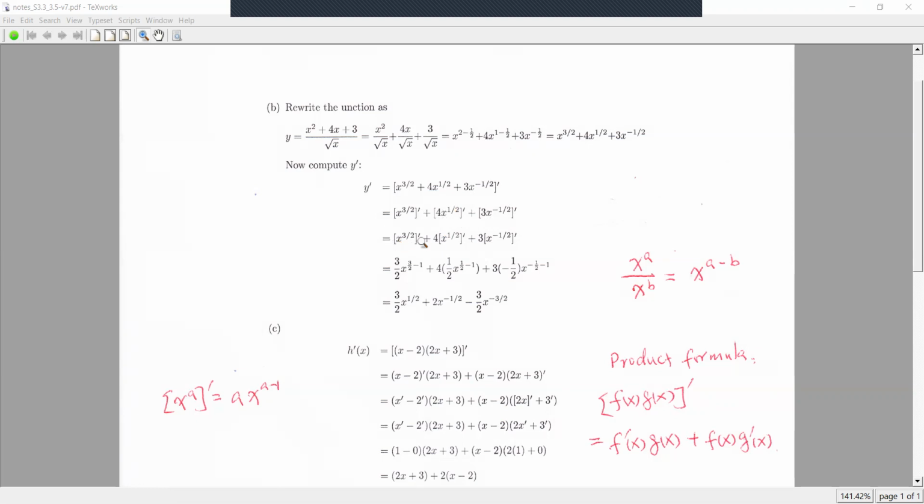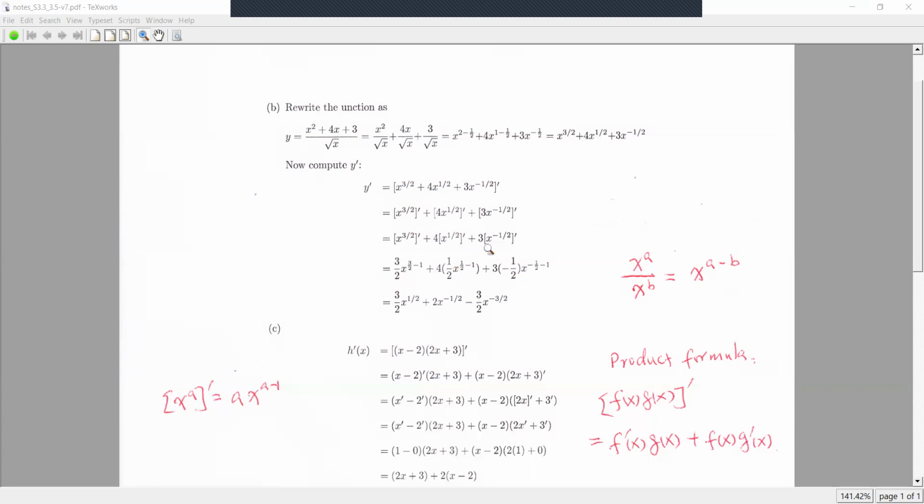Now, the derivative of the power function x to 3/2 is 3/2 times x to 3/2 minus 1 by this formula. Derivative of x to 1/2 is 1/2 times x to 1/2 minus 1 by this formula.